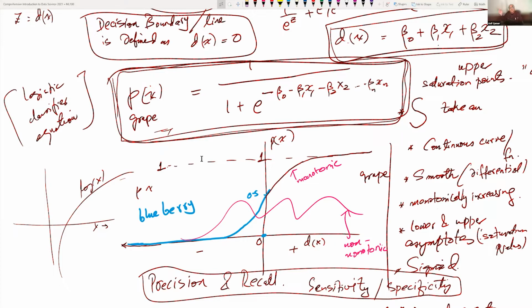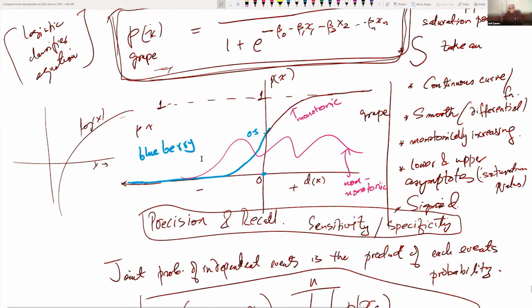And when you have driven sufficiently into the grape territory, the probability that it's a grape saturates around 1. The mathematical word for that, and you should always use simple language, is asymptotes. The 0 and 1 are the asymptotes of this regression function.